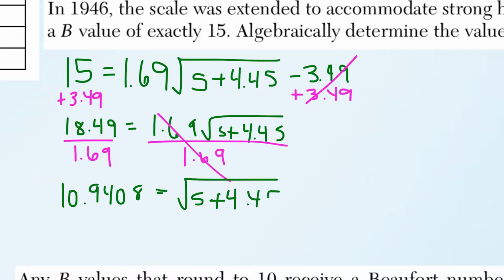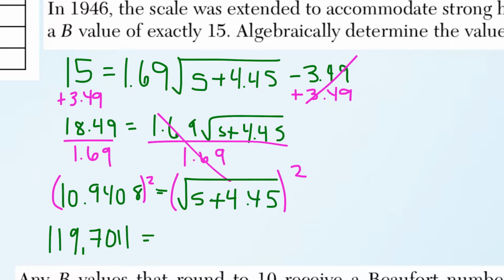Okay, so our next step is to get rid of this square root. And we're going to do that by squaring both sides. And by doing that, we're going to get 119.7011 is equal to S plus 4.45. All right, we're only one step away now.